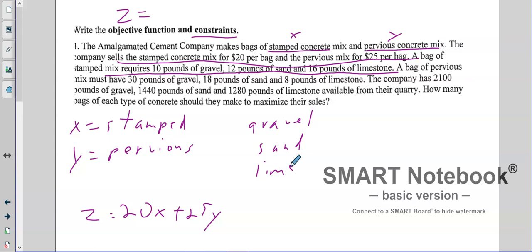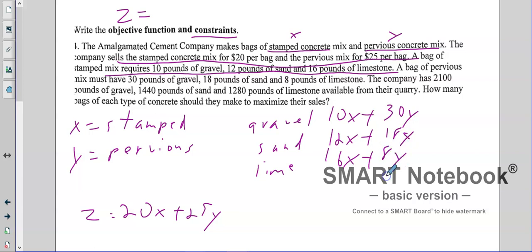Stamped requires 10 gravel, 12 sand, and 16 limestone. Pervious requires 30 of gravel, 18 of sand, and 8 for limestone.